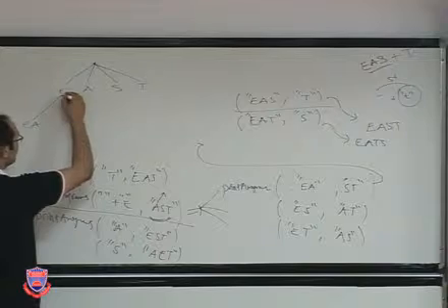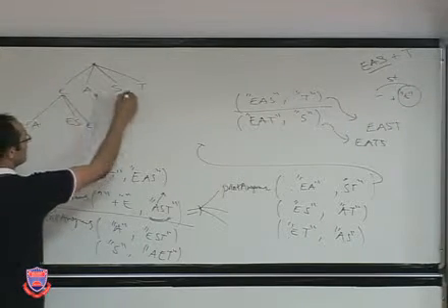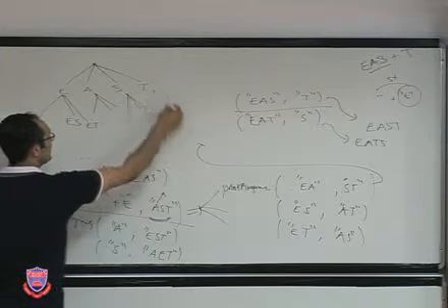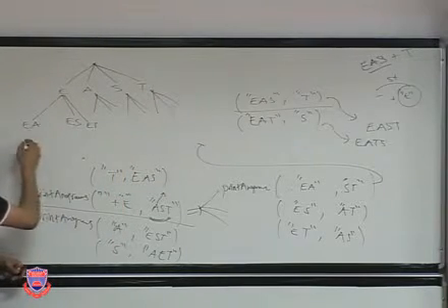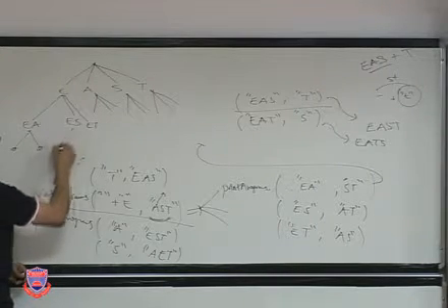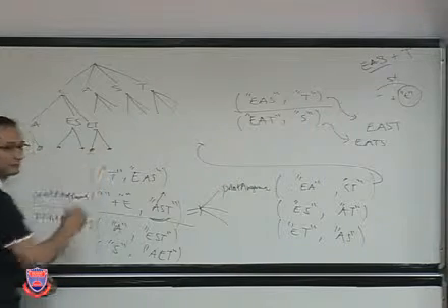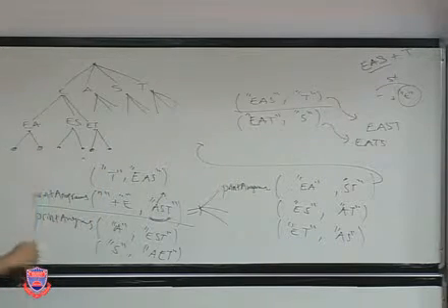And here you will have ET. And similarly you will have 3 here, 3 there, and then 3 here. And each one will have 2, right? And then you will print 1 here, print 1 there. And if you count the number of leaves, you'll get 24 out of this.